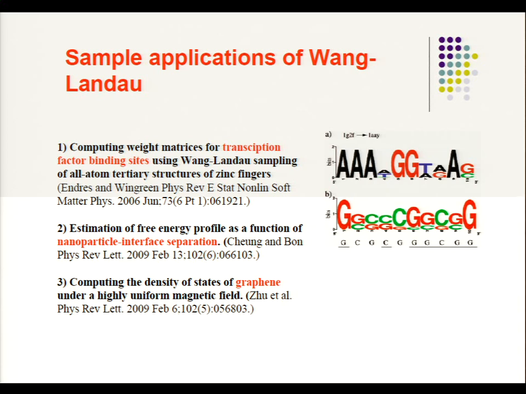With the alpha helix, they replaced the amino acid and used molecular dynamics together with Wang-Landau. There have been applications of Wang-Landau as well in estimation of flow particle interfacing and graphene.